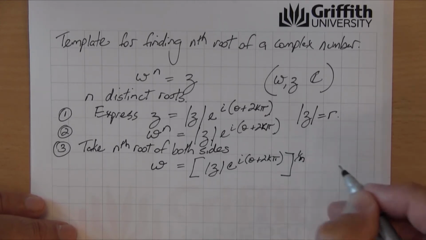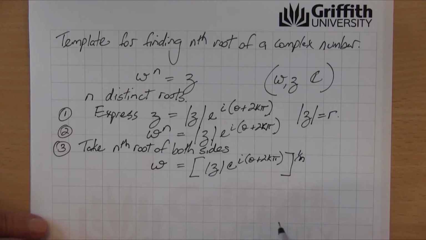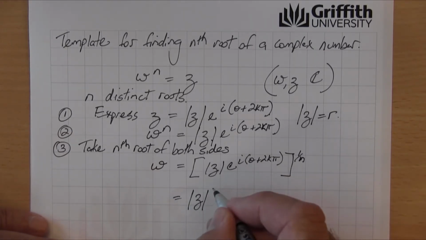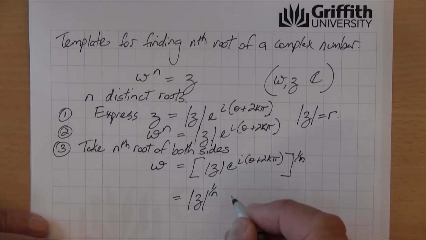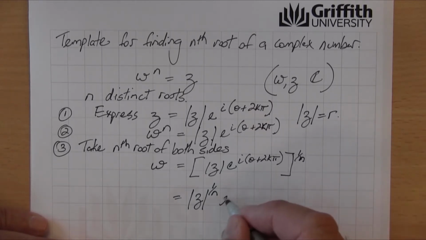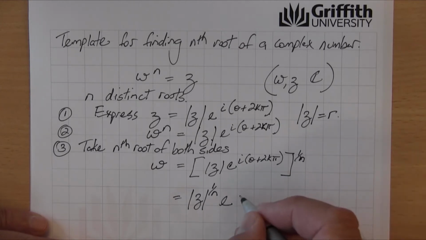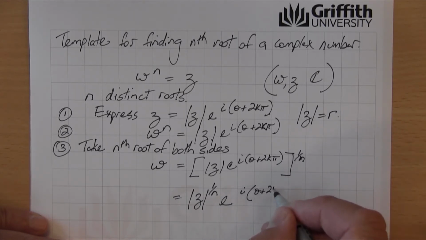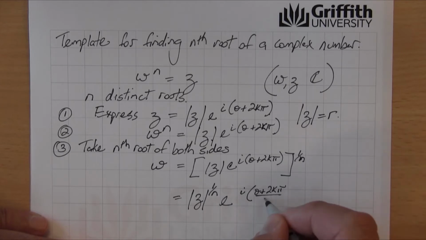Taking the nth root is like to the power of 1 on n. This can be split up as mod z to the power of 1 on n. A power raised to another power, we multiply, so we multiply this power times 1 on n, we get i outside of theta plus 2k pi all over n.